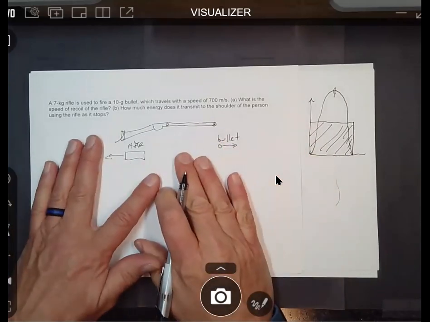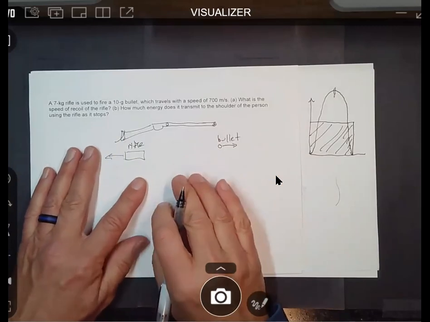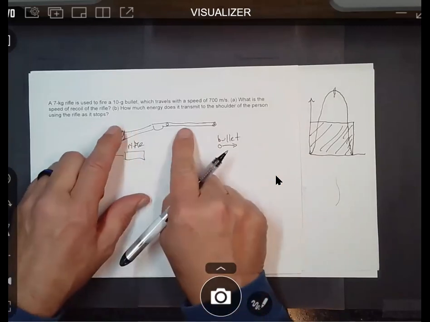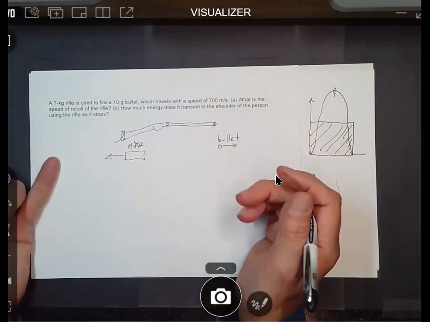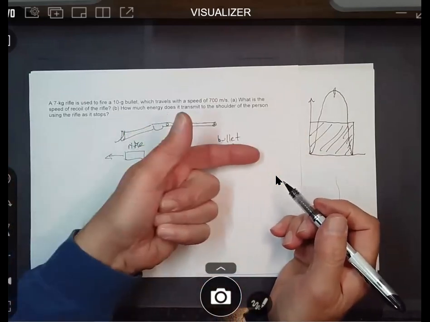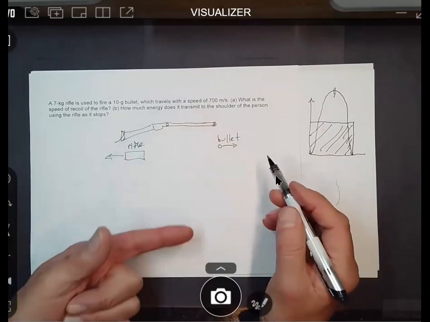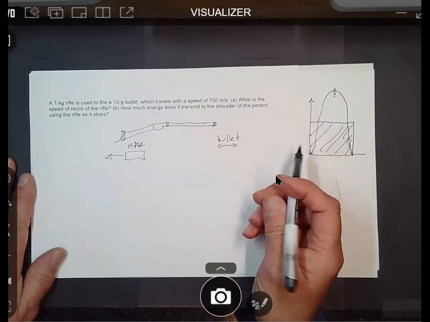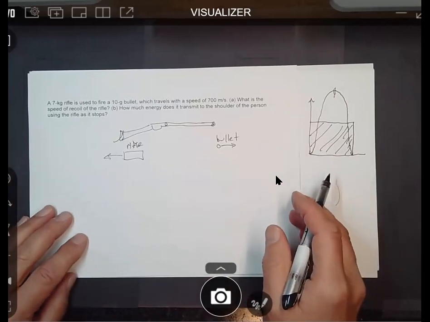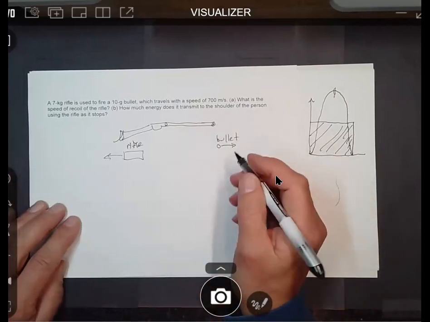There was no momentum to start with. And so this system, rifle and bullet, will have no momentum afterwards. So whatever momentum the bullet has in that direction will be matched by an equal and opposite momentum in the other direction. That's one of the conservation things about momentum that we'll use.